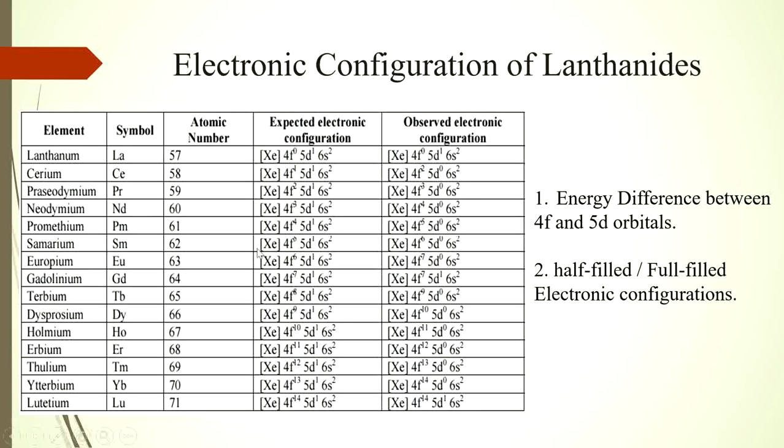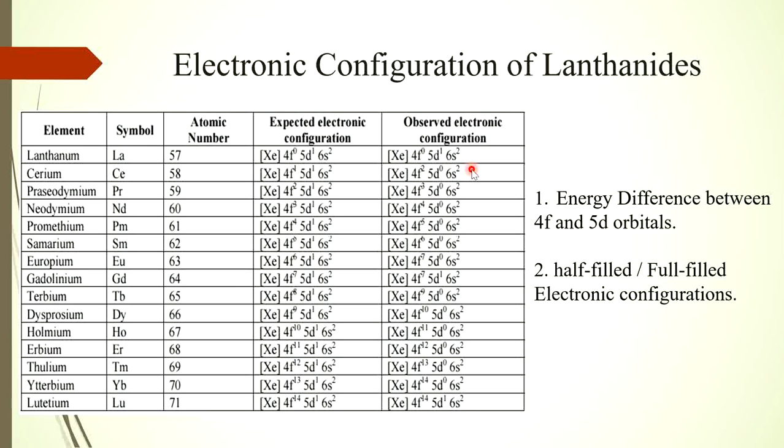Therefore in case of cerium, we expect the structure 4f1, 5d1 and 6s2, but as the 4f and 5d electrons are very close in energy, this electron can shift to the 4f orbital, and therefore the observed electronic configuration becomes 4f2, 5d0, 6s2. So this is the reason behind the actual electronic configuration of cerium and why it deviates from our expected electronic configuration.